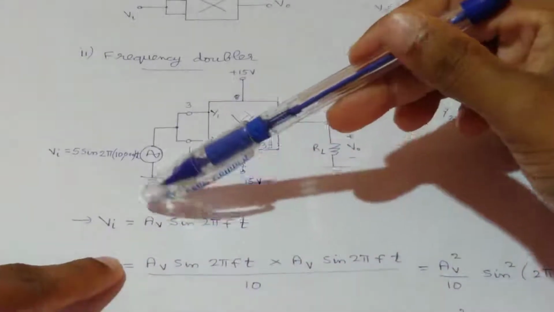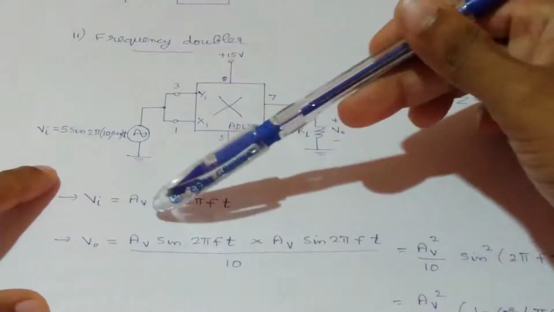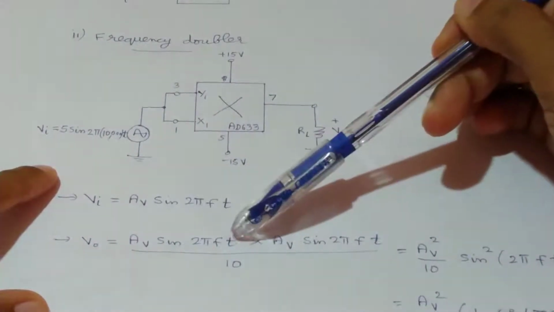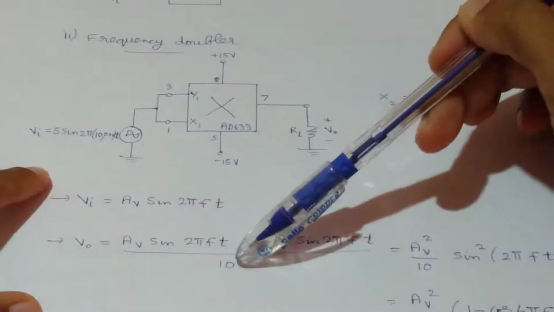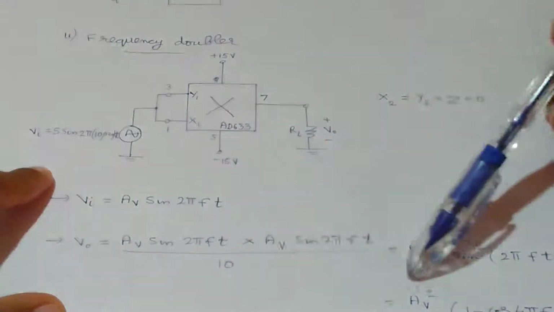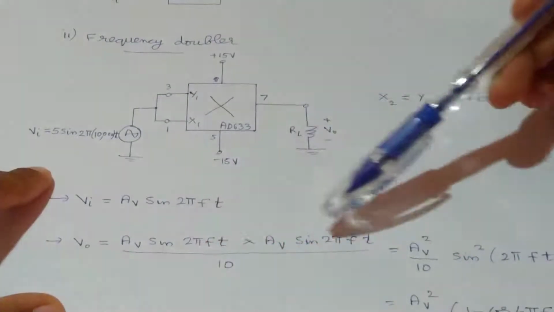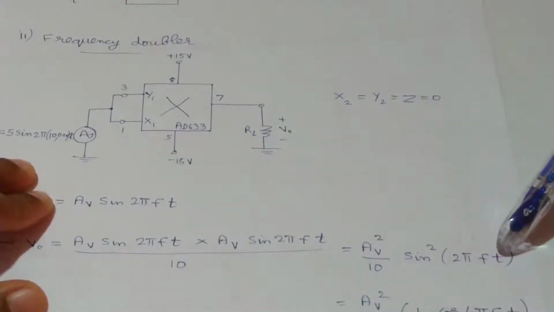Here our Vi is Av into sine 2 pi ft, and hence Vout will be equal to Av into sine 2 pi ft into Av sine 2 pi ft divided by 10. And that is equal to Av square divided by 10 into sine square 2 pi ft. Then we know sine square theta is 1 minus cos 2 theta divided by 2.